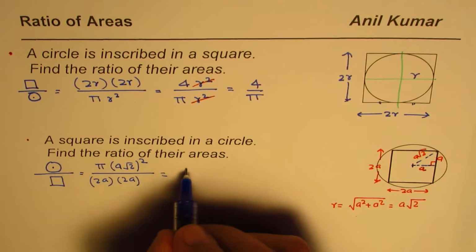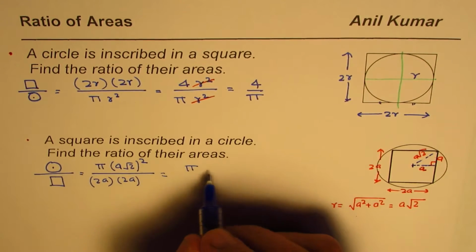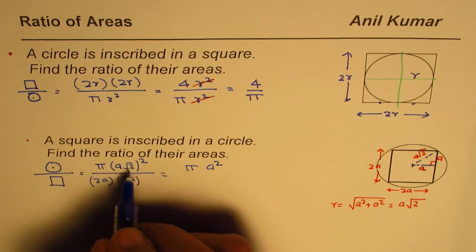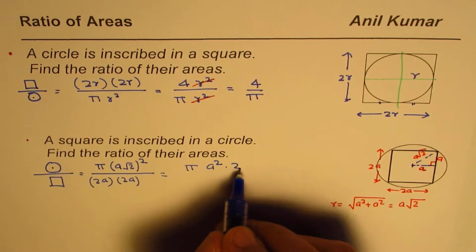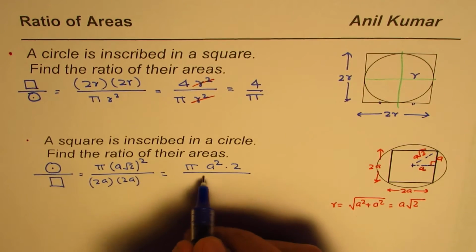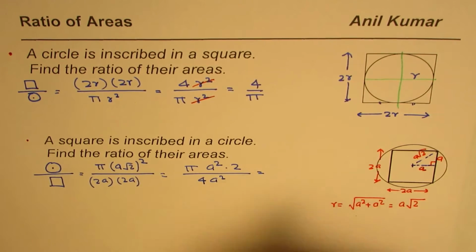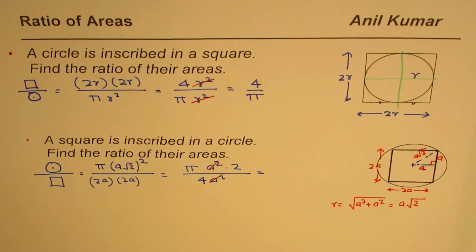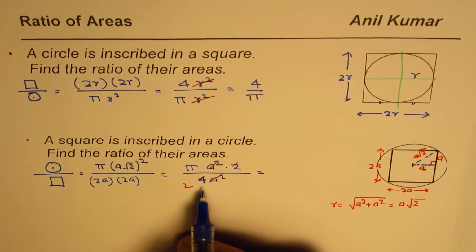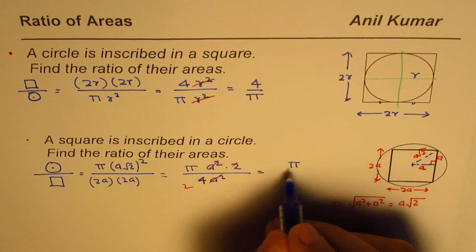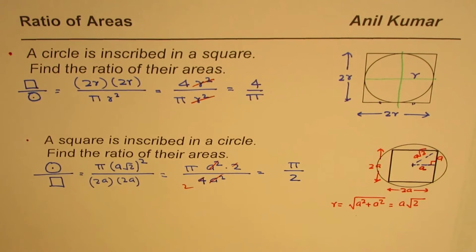When you square it, you get a squared. Square root square is 2, divided by 2 times 2, 4, a square. So a square cancels out, and we could cancel 2 with 2. 2 times 2 is 4. So we get pi over 2 as our answer in this particular case.